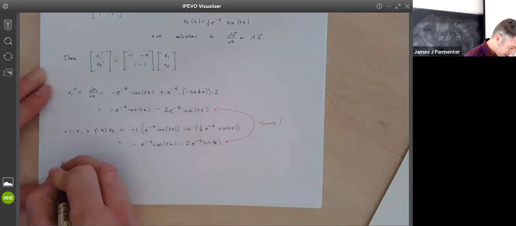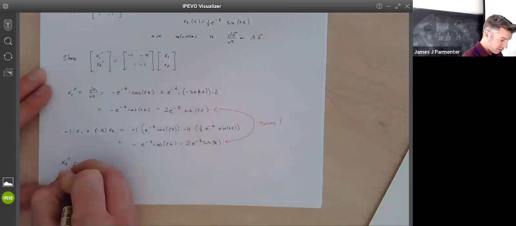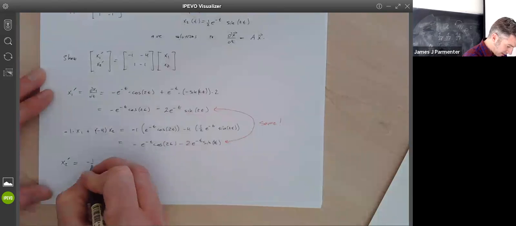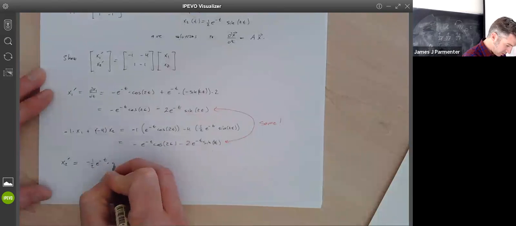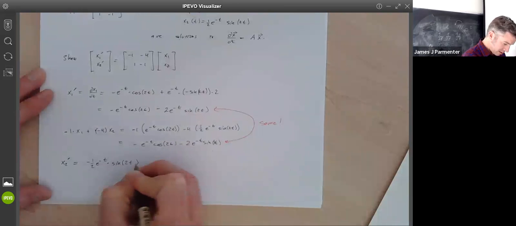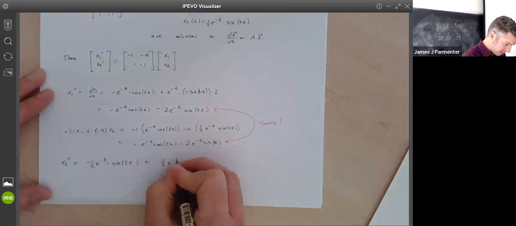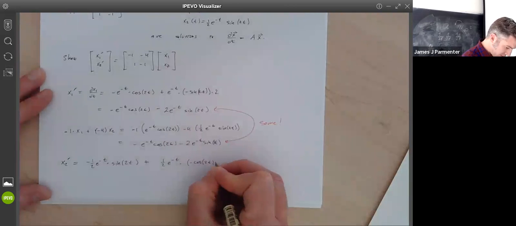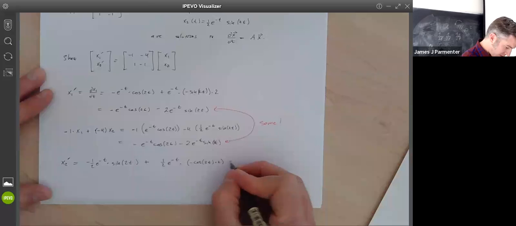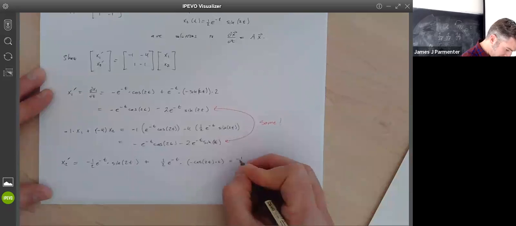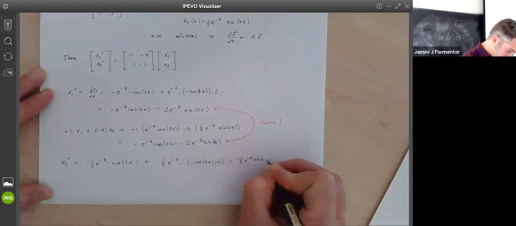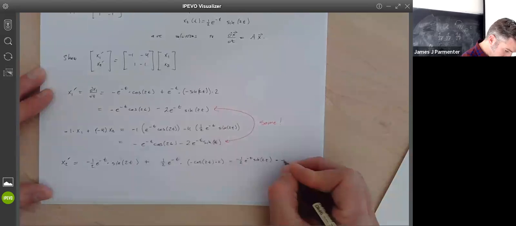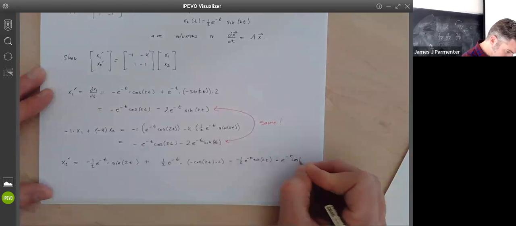So now we're going to check x2 prime. If I take the derivative of x2, it's going to be -1/2 e to the negative t times sine of 2t plus 1/2 times e to the negative t times the derivative of sine of 2t, which is negative cosine of 2t times 2. And then simplifying that, we're going to get -1/2 e to the negative t sine of 2t minus 1 e to the negative t cosine of 2t.